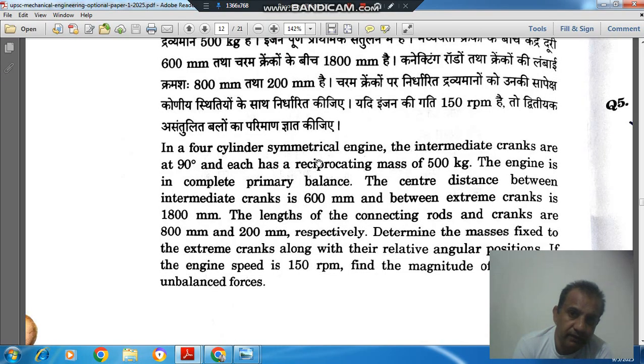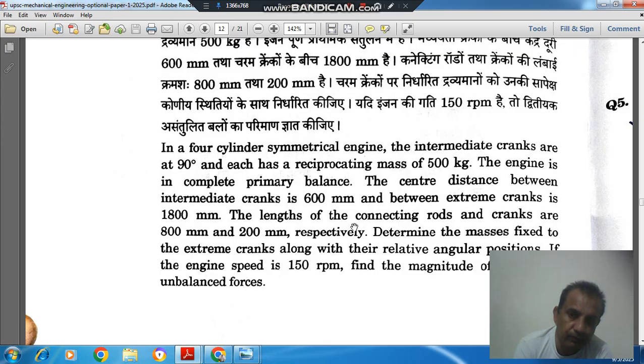In a 4-cylinder symmetrical engine, the intermediate cranks are at 90 degrees and each has a reciprocating mass of 500 kg. The engine is in complete primary balance. The center distance between intermediate cranks is 600 mm and between extreme cranks is 1800 mm.